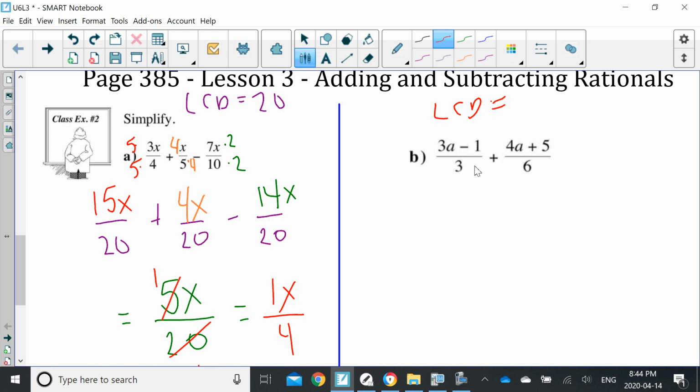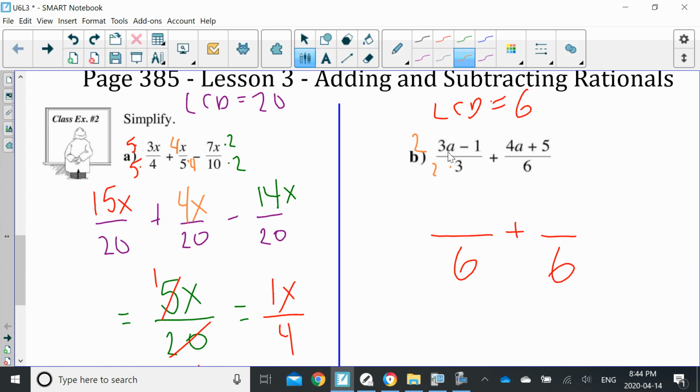So between these two numbers, the lowest common denominator is actually a 6. So let's write that down: 6 and 6. Then say to yourself, what did you multiply 3 by to get 6? And that answer is 2.